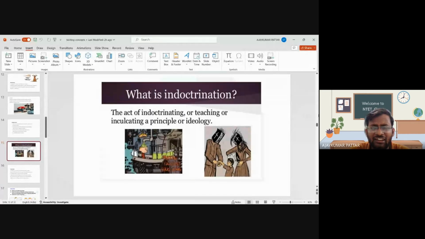That is the highest level of teaching. For example, any professor, any scientist with the highest level of knowledge, if he is telling, it is acceptable. Yes, it is correct. So like that, indoctrination is the highest level of teaching method. So clear what is indoctrination?